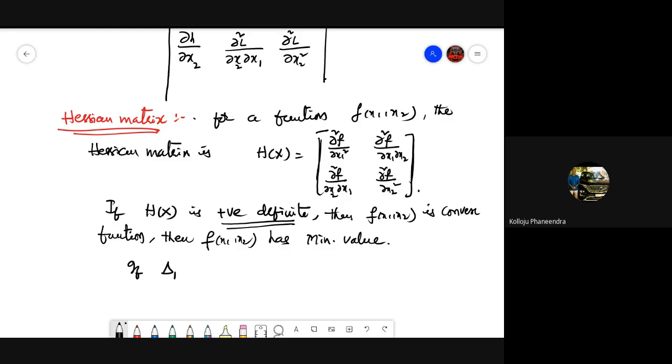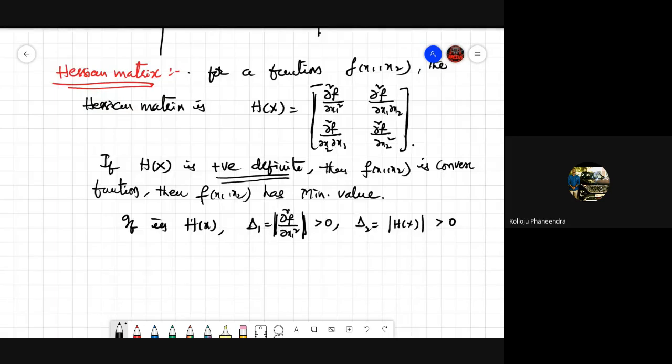Delta 1 in this Hessian matrix H of x means the first principal minor, the determinant of dou square f by dou x1 square. This is a determinant, not a mod. Remember, it is positive. Delta 2 is also positive.